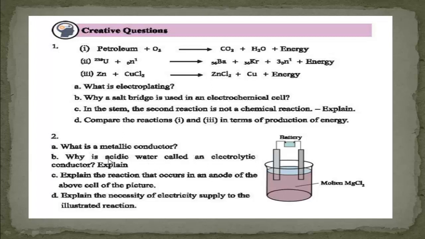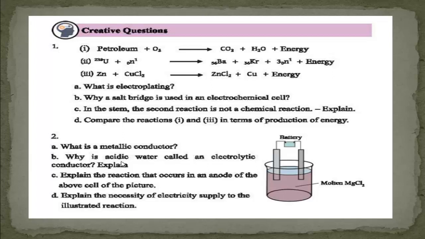But if you use a few drops of acid such as sulfuric acid, then this acid helps the water to dissociate, increasing the degree of ionization, that means water ionizes into hydrogen and hydroxyl ions. For this it is said that acidic water is called an electrolytic conductor.